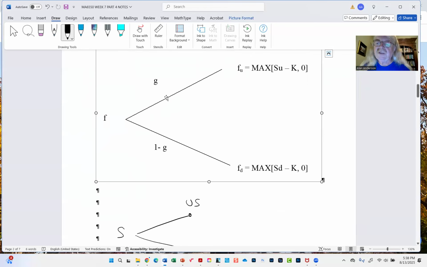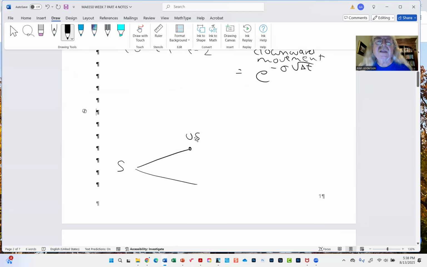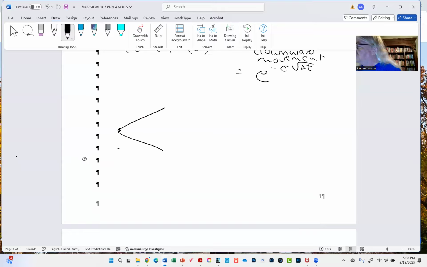I'll tell you what, let me draw this again, just so we can be consistent with yesterday. I just want to make sure everything is the same as what we were saying yesterday. This is what we're going to have. This is the stock. We only have one period. We only need one period actually to prove what we're about to do.